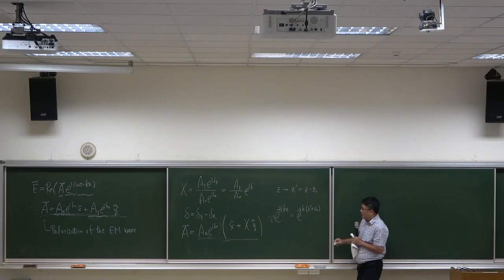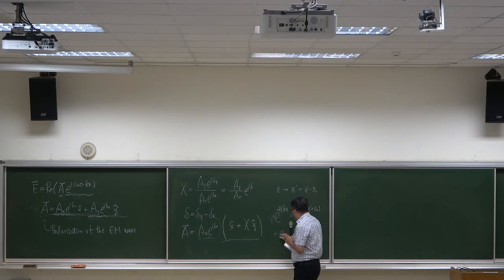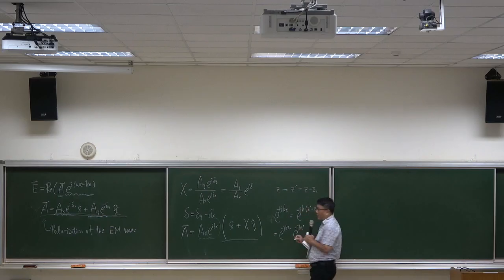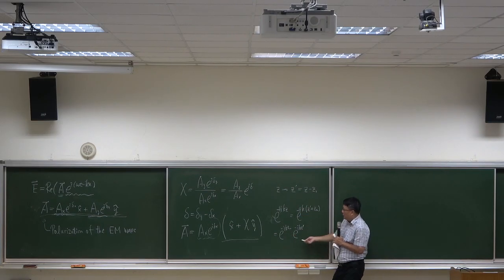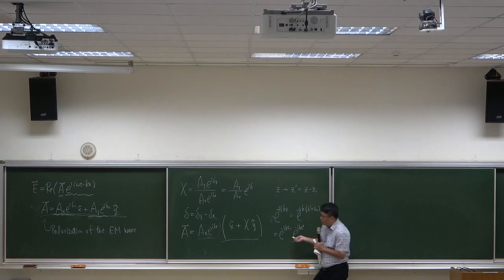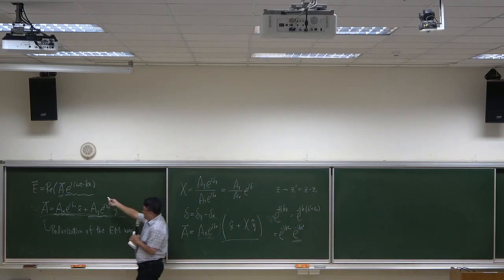Then we can factor out exponential minus i k z naught, and use z prime to replace z.